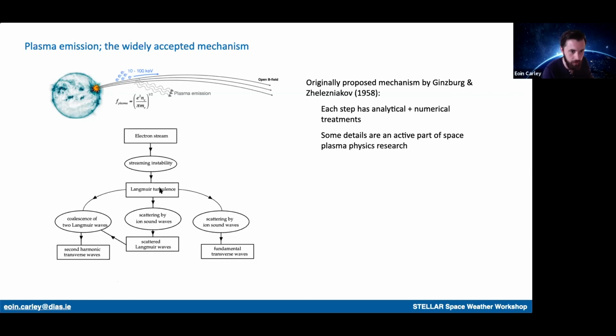And I'll go into how that happens. There's also scattering off of ion sound waves that creates more plasma oscillations that coalesce with the original. In fact, we had a question about that yesterday. And that produces second harmonic emission. So I'll try to go through this step by step and give a general overview of how each of it happens, with references to some papers that discuss it in more detail.